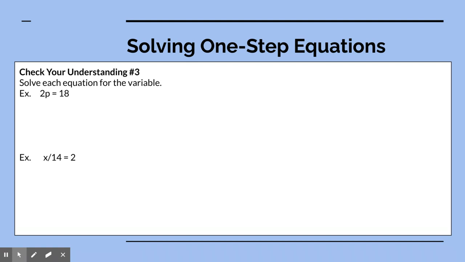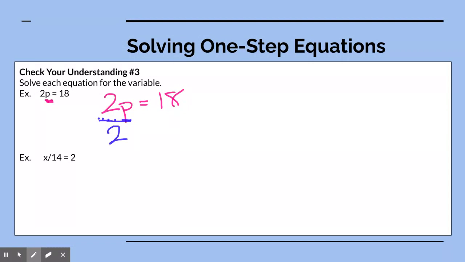Okay, so 2p is equal to 18. The same thing applies here that we did for addition. We want that p all by itself. To get p by itself, we have to do the inverse of whatever that 2 is doing. Because the 2 is multiplying the p, we need to divide.